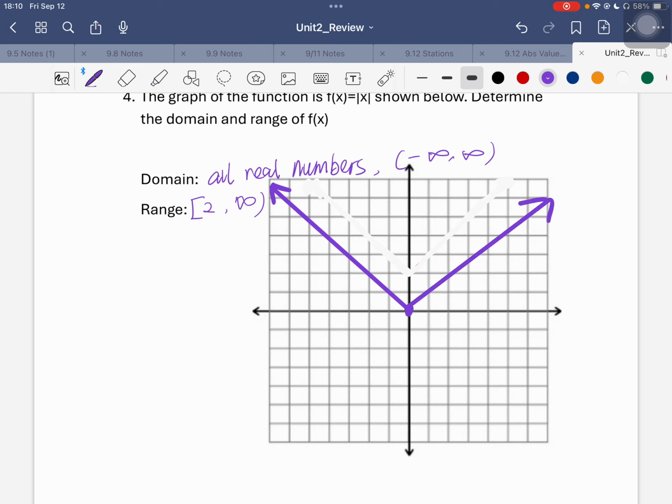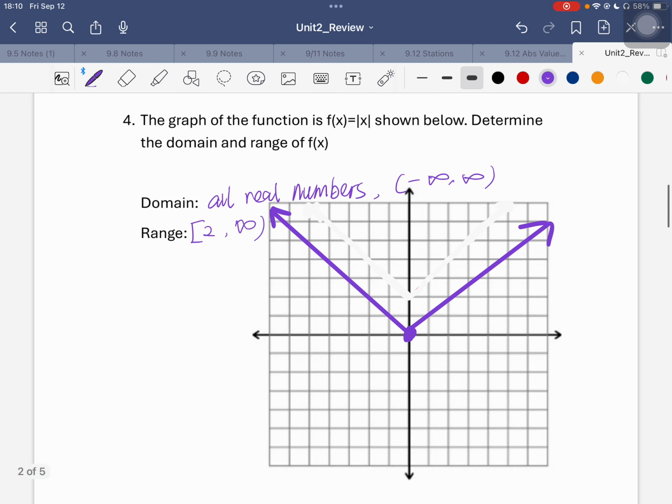The range of the parent function goes from bottom to top, and we know the smallest value is 0, so 0 to infinity.